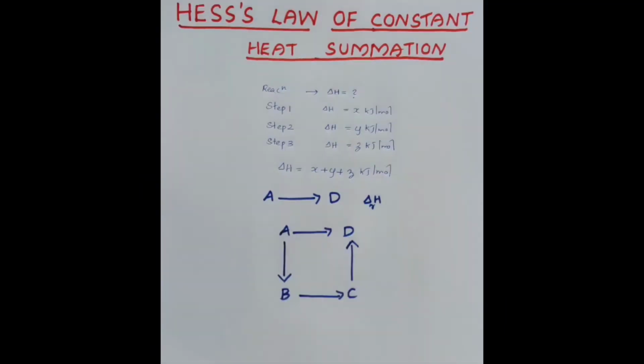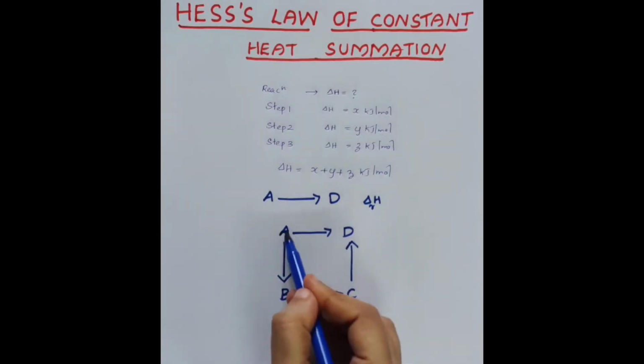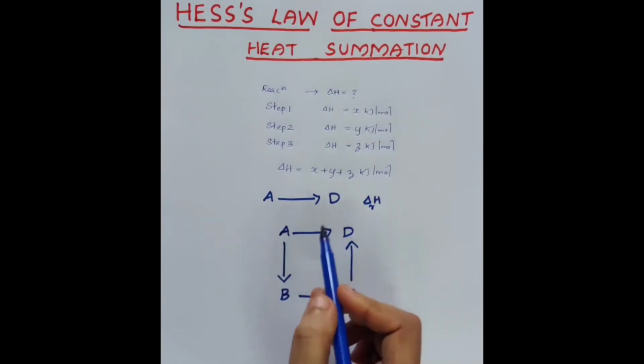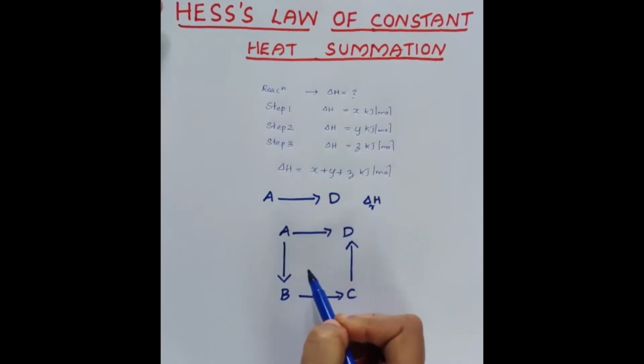Delta HR is the enthalpy change for the reaction in the direct route, the overall enthalpy change for the reaction.